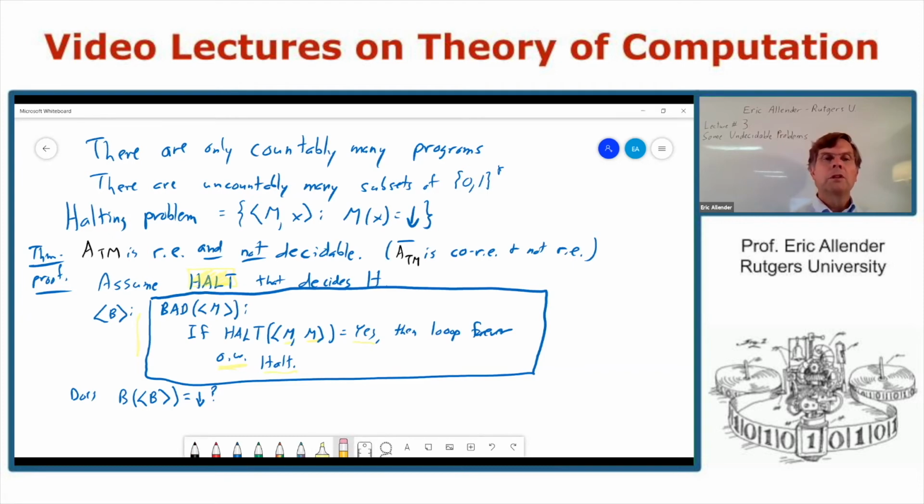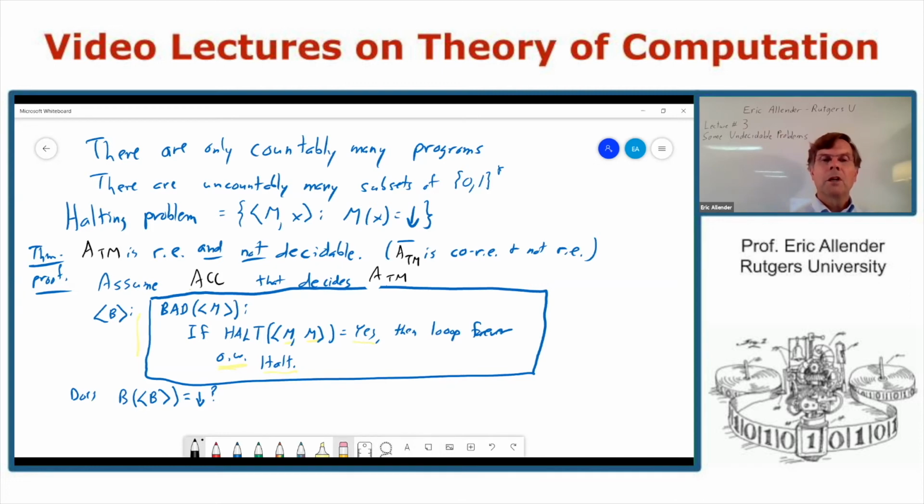So we're going to assume that A sub TM, let's call it accept, is some subroutine that decides A sub TM.